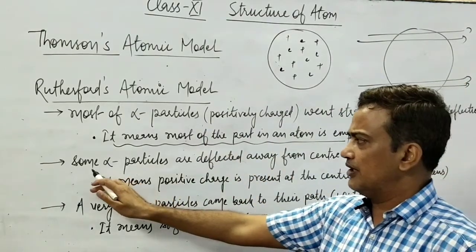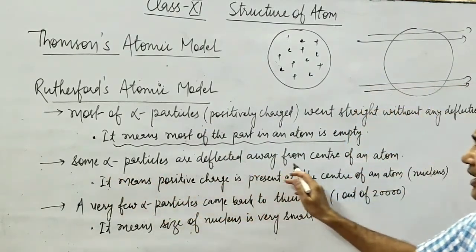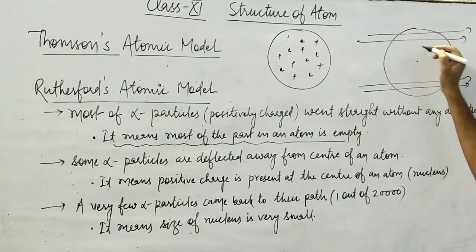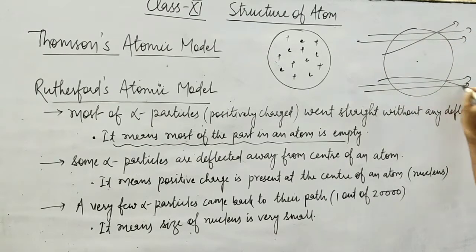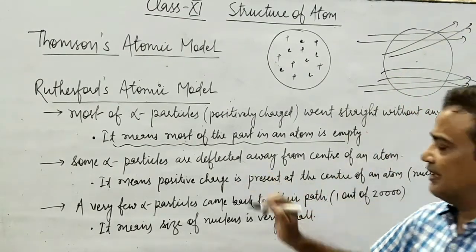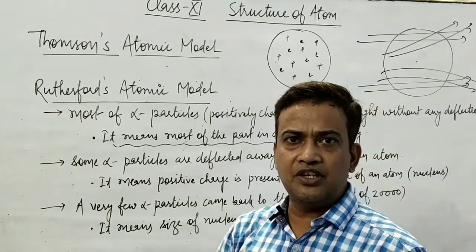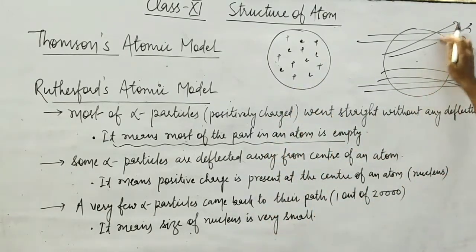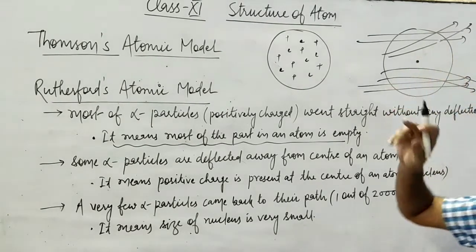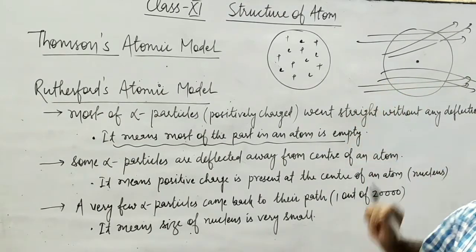Then the second observation: some alpha particles are deflected away from the center. So this is the center of the atom and some alpha particles were found to be deflected away from the center. As already said, alpha particles are positively charged and they are being deflected away from the center. It means there must be some positive charge available at the center of an atom.